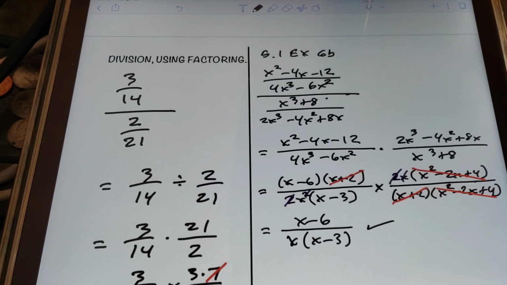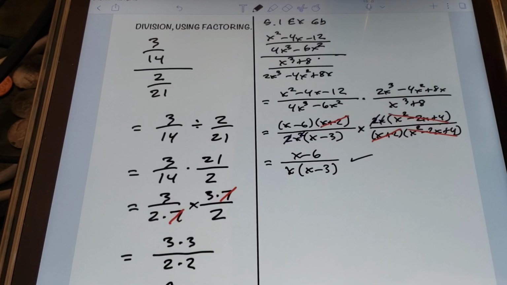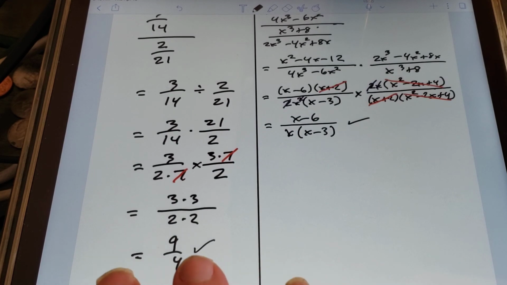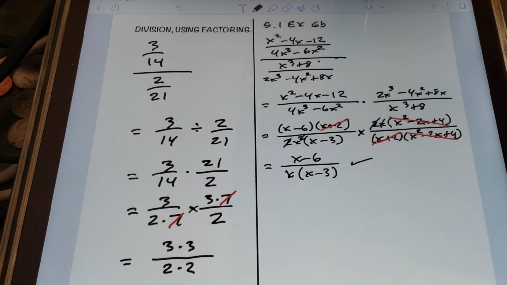All right, so this is your introduction to Chapter 5. I'm uploading some of the author's videos from Chapter 5, but I want you to keep in mind that this is not something you haven't seen before. You've seen adding, subtracting, multiplying, dividing of fractions with numbers in them.